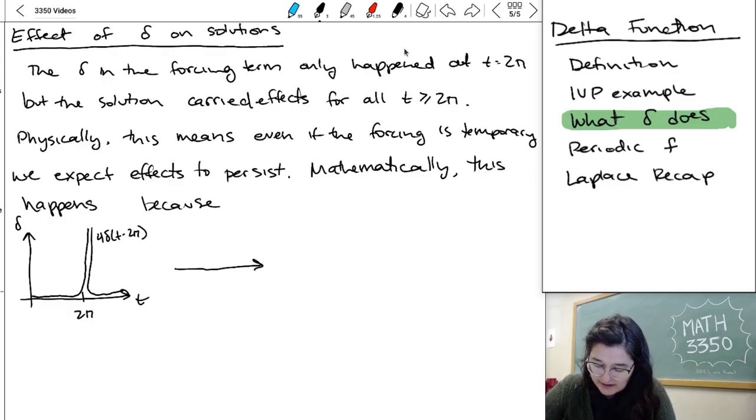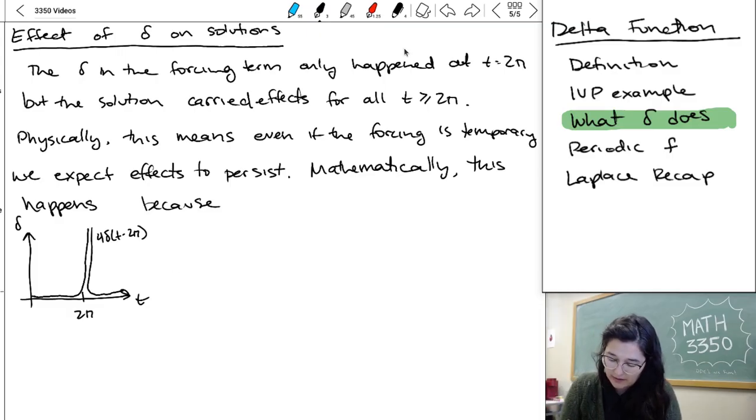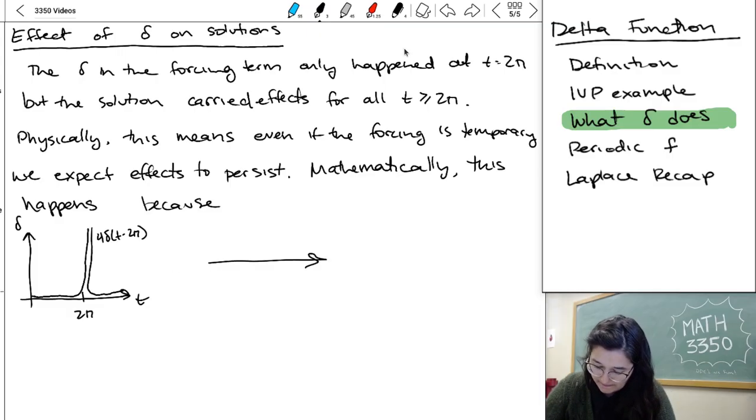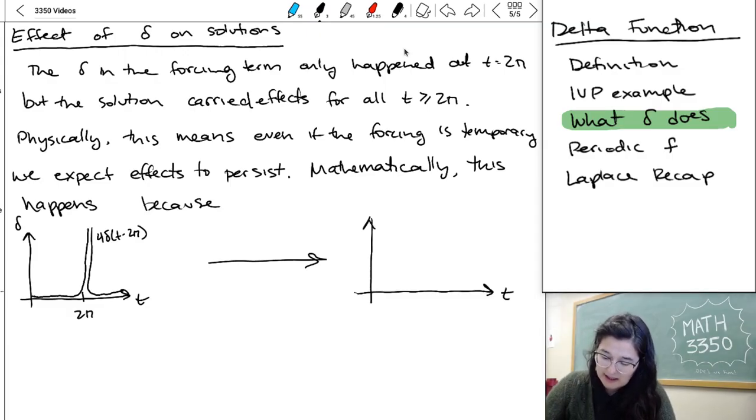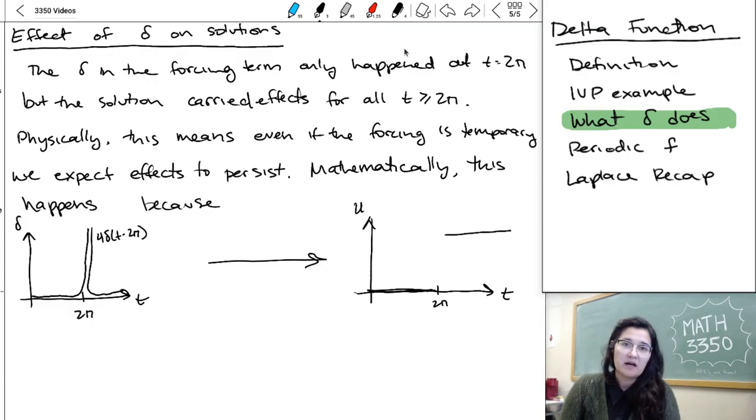And then the thing that we see in the solution, I'm going to give myself a little bit more space for that middle part, keep it kind of centered. So the thing that we see in our solution is against t, and we actually see this u term pop out, where after 2 pi, u would be 0, and then up here it becomes 1.